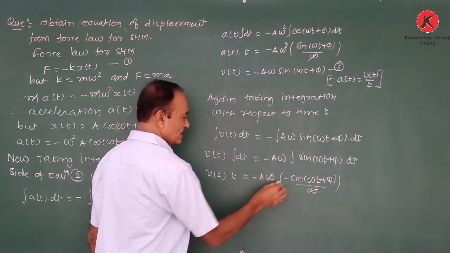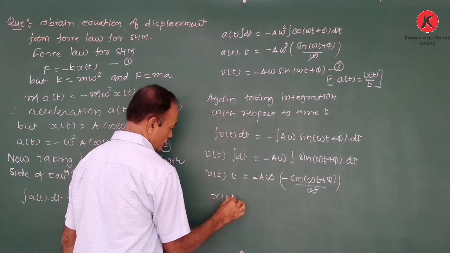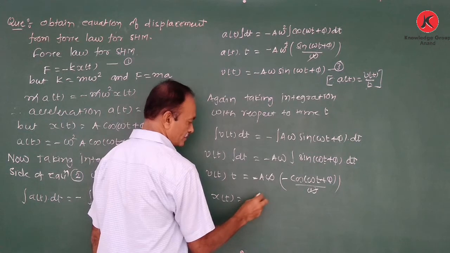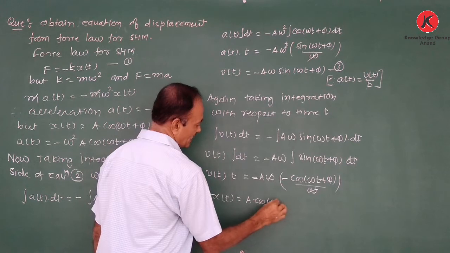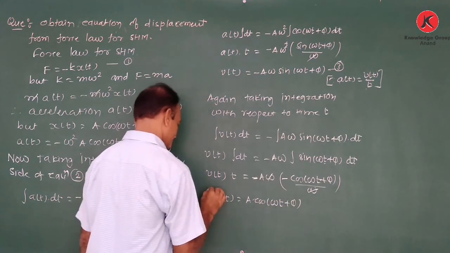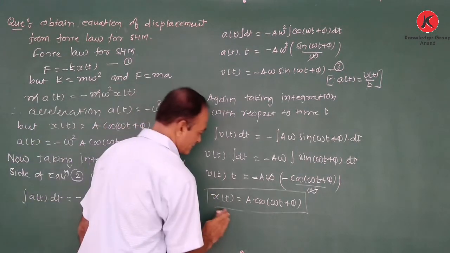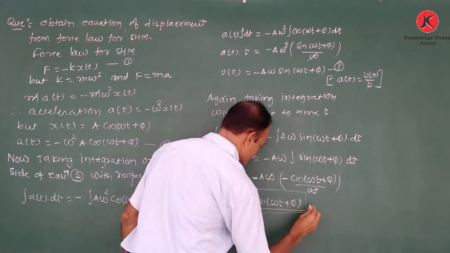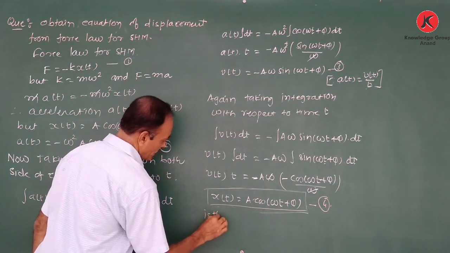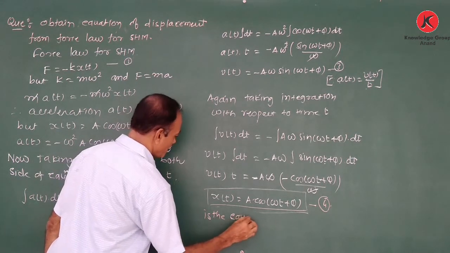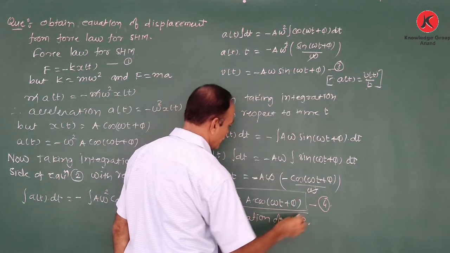Omega omega cancel, this minus becomes plus, and that is x(t). x(t) is equal to A cos(omega t plus phi), is the equation of displacement. Equation number 4 is the equation of displacement of simple harmonic motion.